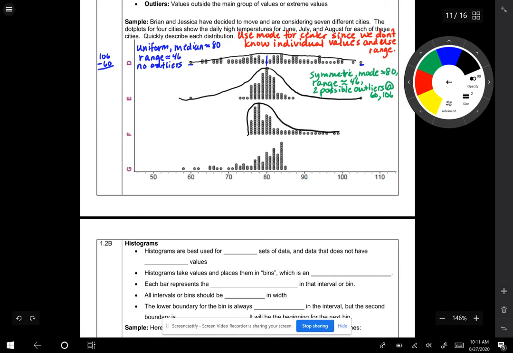definite tail to the right. Should probably not use yellow, but I won't use it then, just so you guys can see better. So right skewed. The mode is right here, so 78.